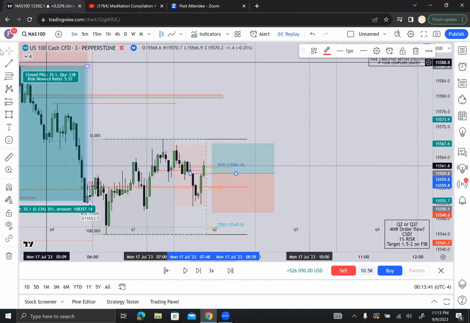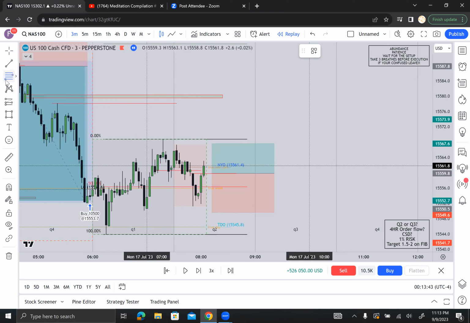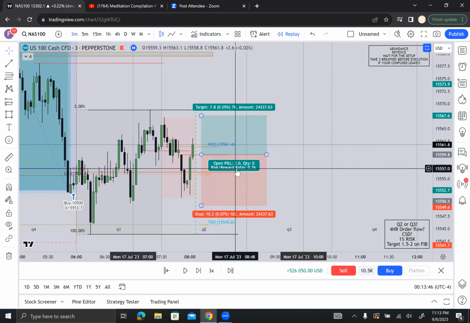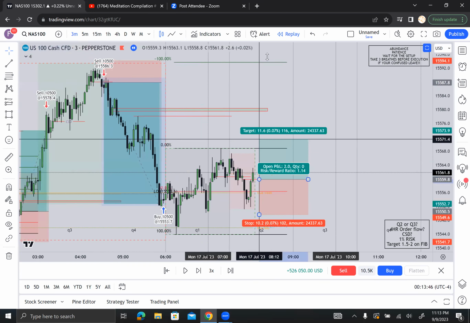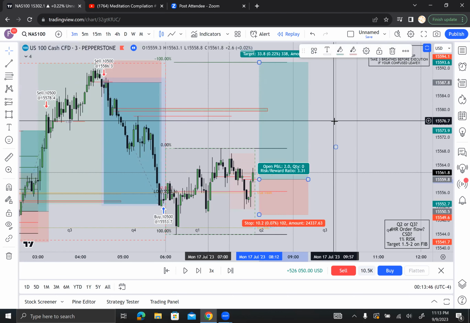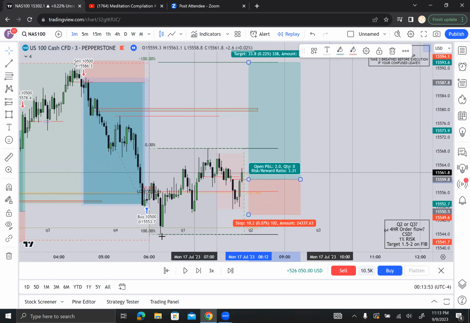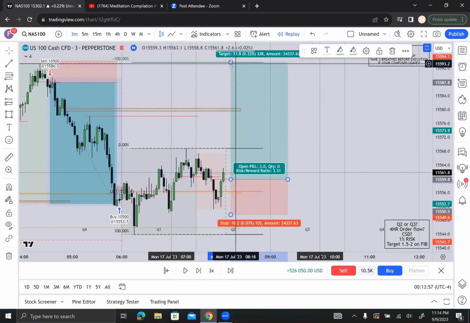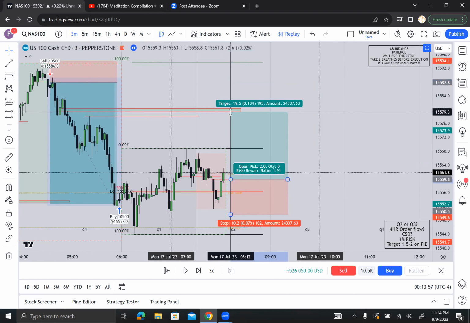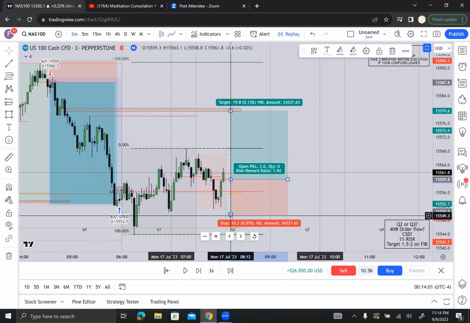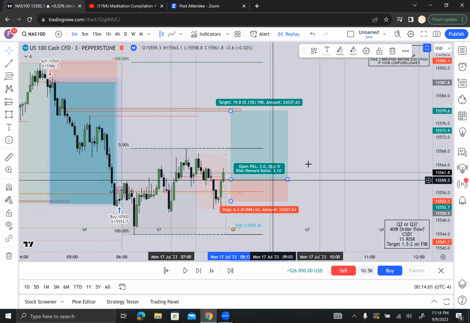All right, and with that, we have targets already set. So we're going to go to the one here. Keep in mind, I won't be surprised if we see this low get taken out. I don't think we'll even make it that high. I'm just going to be safe, so 1 to 3.